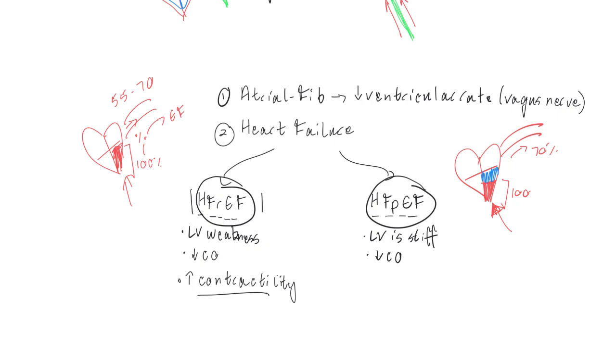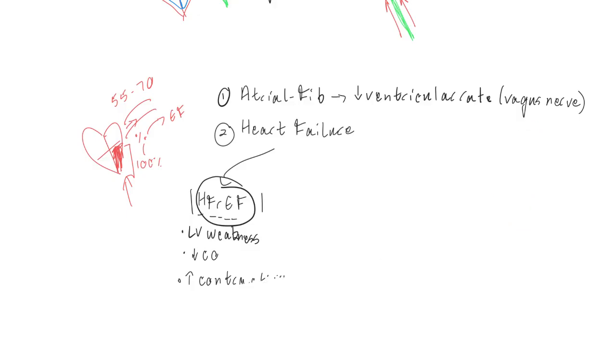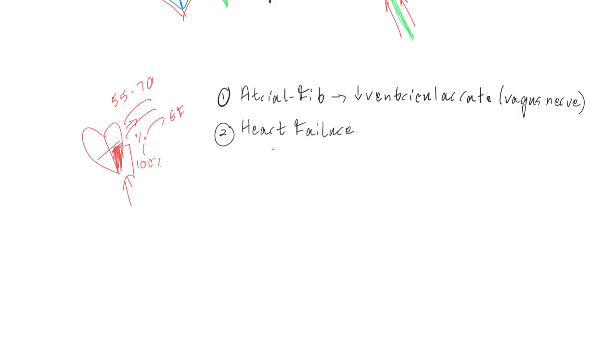Okay, so that is how digoxin works for heart failure situations. It's going to increase contractility, which means, of course, increase cardiac output. And for AFib, we're going to have the increased cardiac output as well.